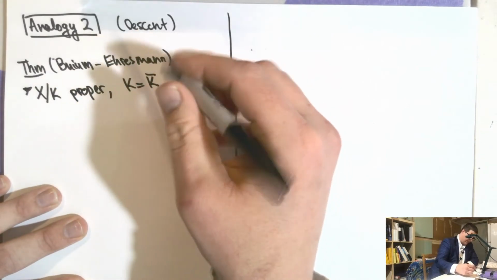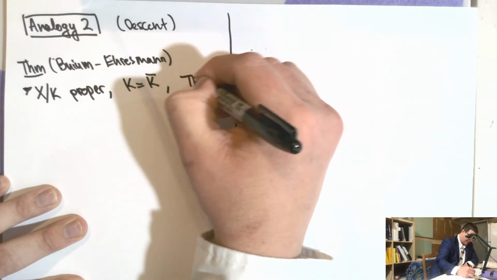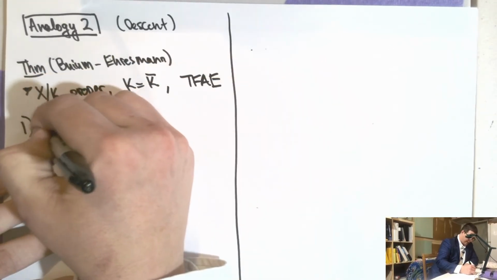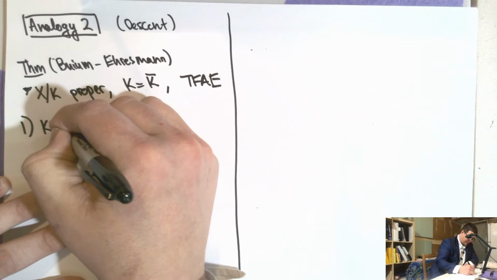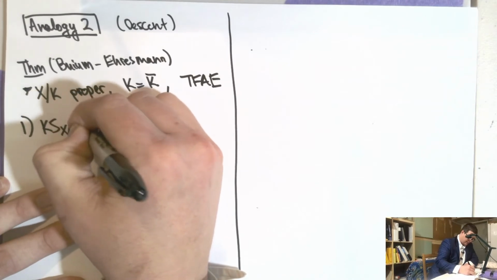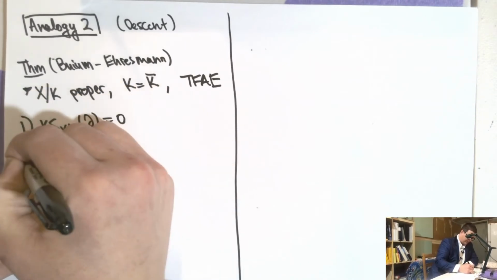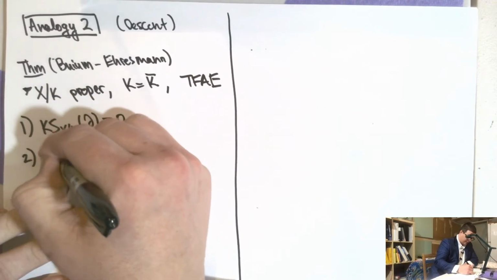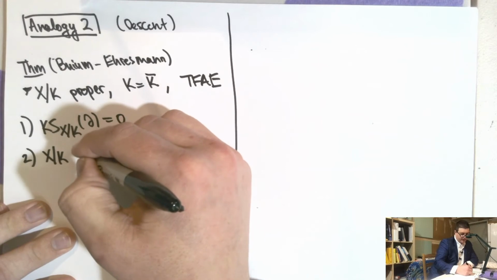In this situation, the following are equivalent. 1, the Kodaira-Spencer class is 0. 2, X over K admits a global prolongation.